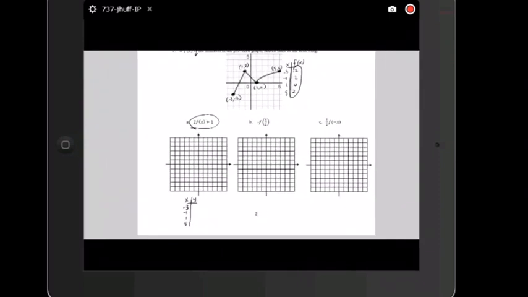So the y values would become, for that first one, -2 doubled is -4, and then if you add 1, you get -3. For this one, you get 2 times 2, which is 4. 4 plus 1 is 5. For this one, we have 0 times 2, which is 0. 0 plus 1 is 1. That one, 2 doubled is 4, and then 4 plus 1 is 5.